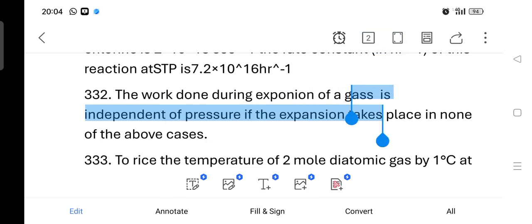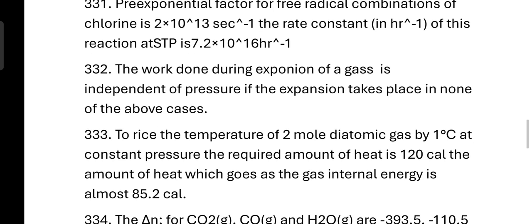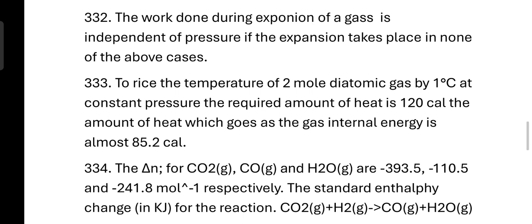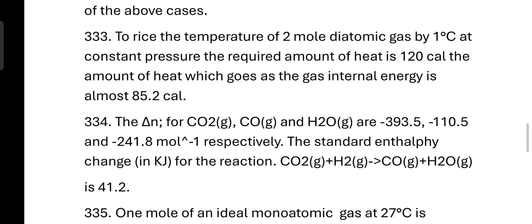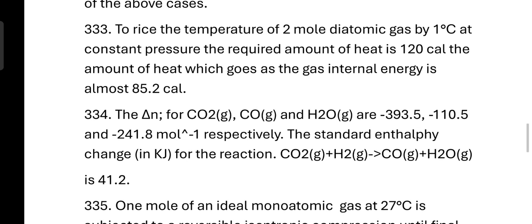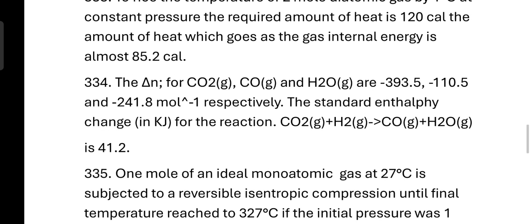The work done during expansion of a gas is independent of pressure if the expansion takes place in none of the above cases. To raise the temperature of 2 moles of diatomic gas by 1 degree Celsius at constant pressure, the required amount of heat is 120 cal.